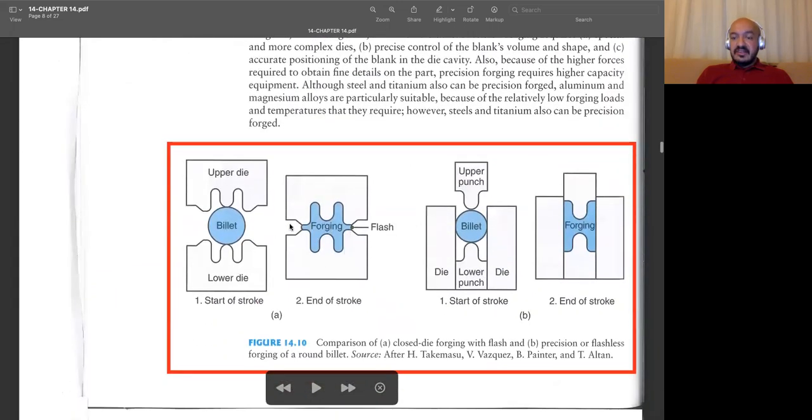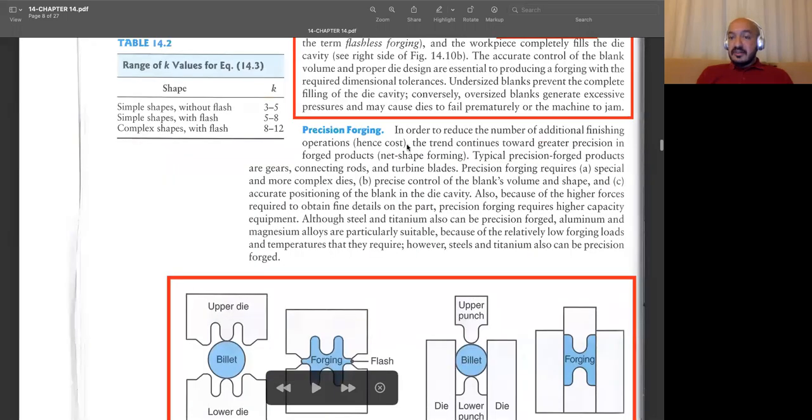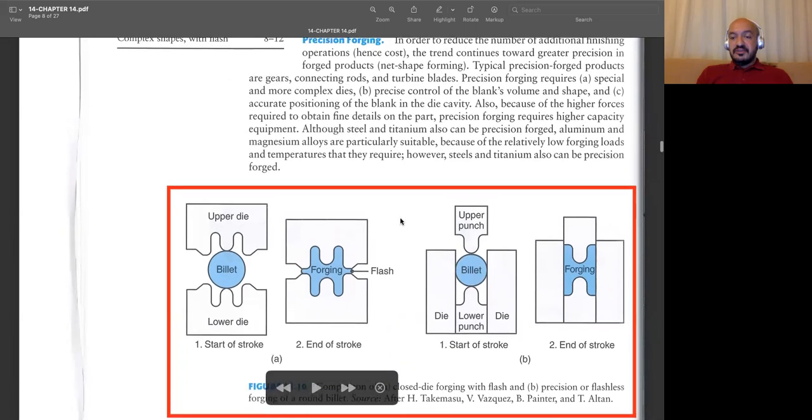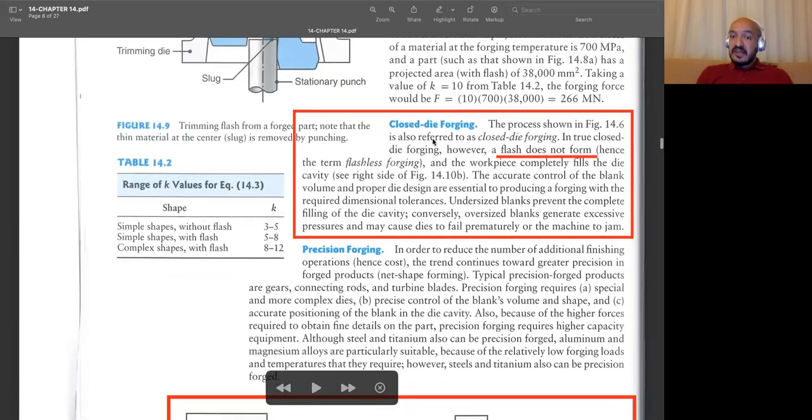You see we have flash, but in the flashless forging or closed die forging process, we don't have any flash around. So the initial blank material has the desired amount of material. This is the critical issue in closed die forging.